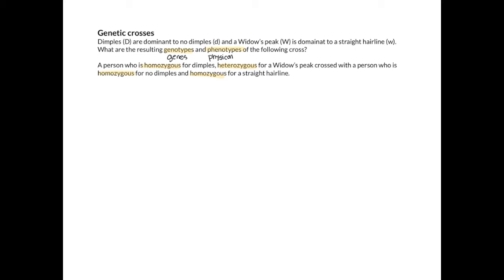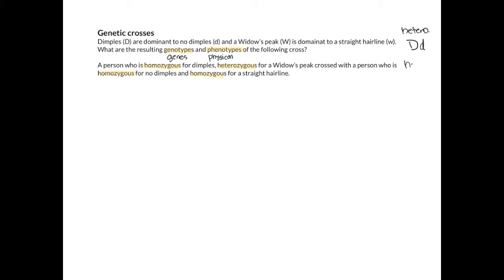Okay, we have some other terms here. So homozygous and heterozygous. Heterozygous means different. So that's when you have the two different alleles. So in this case, if we're talking about dimples, a heterozygote would be someone who has positive for dimples and negative for dimples, or the capital and lowercase d.